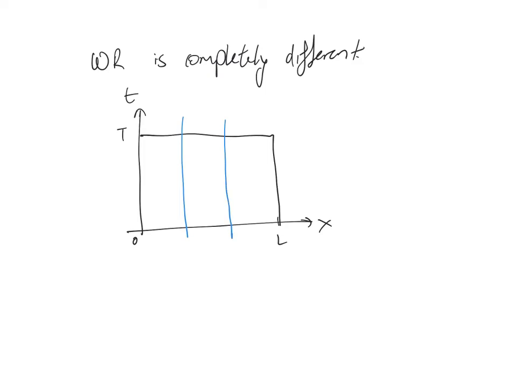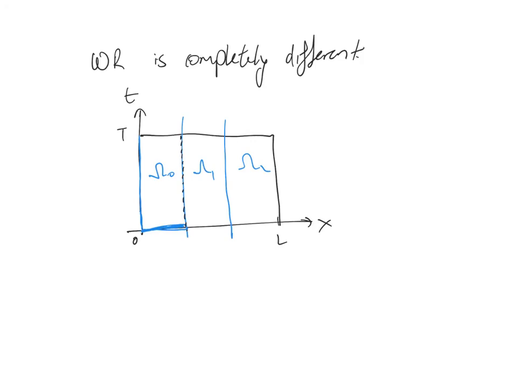The question is, how do we solve this? Well, we have an initial condition. Let me call these omega 0, omega 1, omega 2. Inside omega 0, I have initial conditions. I have my boundary condition, which is prescribed at x equals 0. But I am missing a boundary condition on the right-hand side.